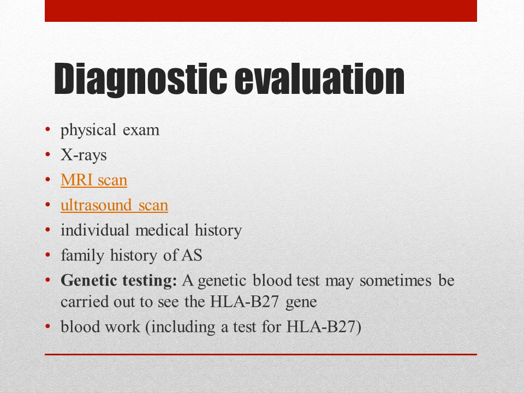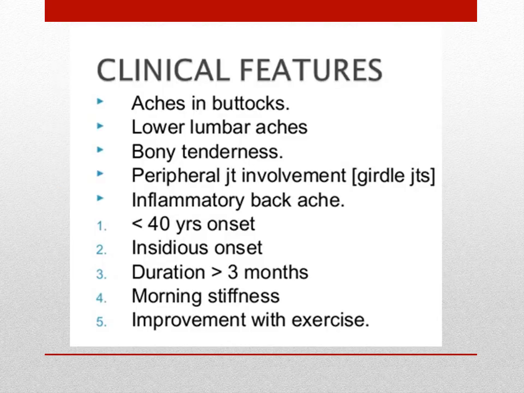Other blood work will be done. The clinical manifestations and symptoms of ankylosing spondylitis are aches in the buttocks, lower lumbar aches, bony tenderness, and peripheral joint involvement. That means stiffness in the joints will be seen, and inflammatory backache will be there.